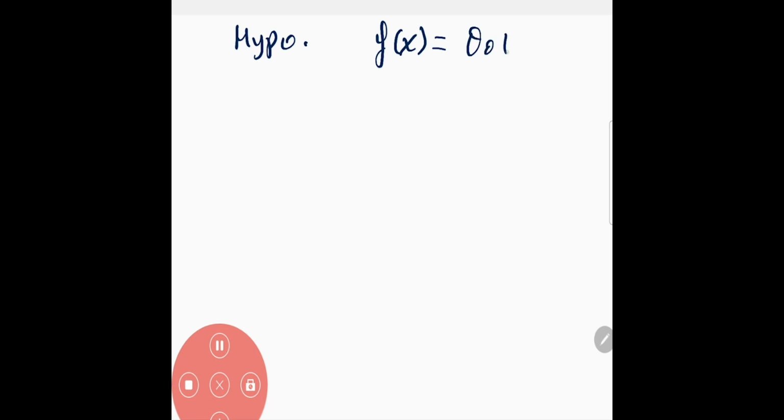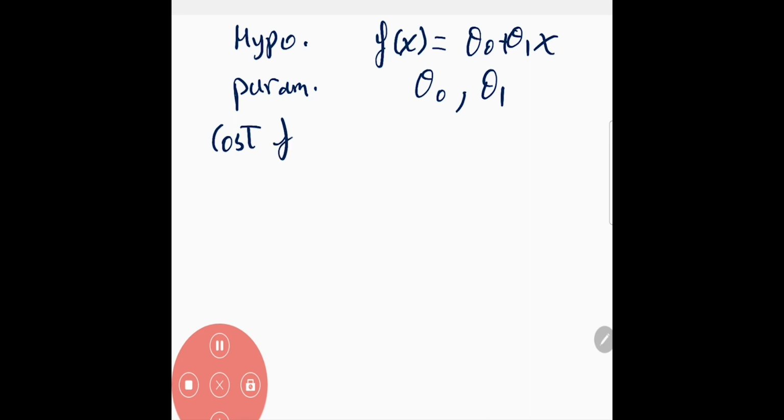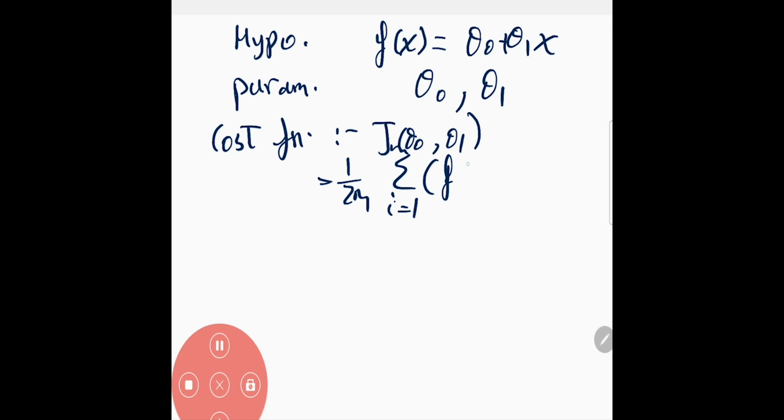So this is going to be theta 0 plus theta 1 x, and we've got some parameters here, which are basically theta 0 and theta 1, the parameters of our linear model, and we've got a cost function, which is J(theta 0, theta 1) is equal to 1 over 2m, summation i is equal to 1 up to m, the hypothesis of x_i minus y_i all squared.